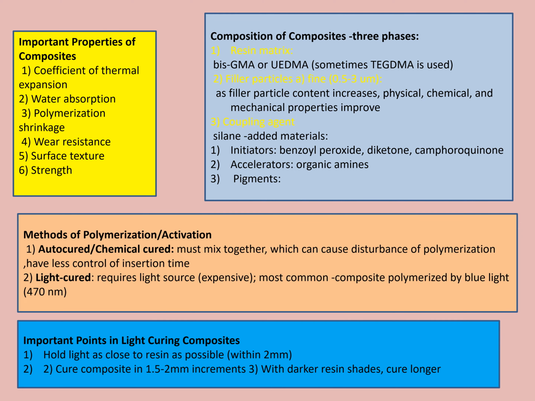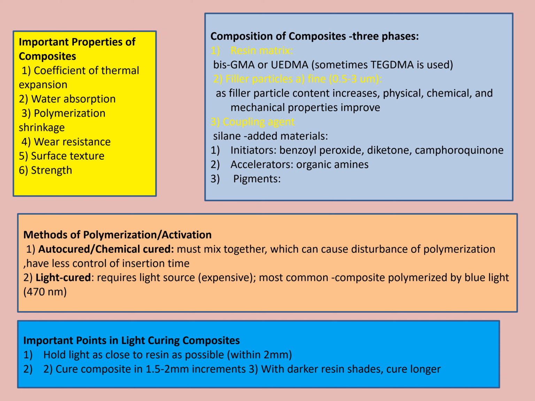Now we can see here the composite is made up of three phases: the resin phase, the filler particle, and the coupling agent. The resin matrix is made up of BIS-GMA or UDMA. You can add TEGDMA to it, like in pit and fissure sealant, to decrease its viscosity and make it more flowable. Then you have the coupling agent like silane. The initiator in the self-cure composite is benzoyl peroxide, while in light cure it is the diketone or camphoroquinone molecule. For the accelerator or activator, we have the tertiary amine, and also pigments are added.